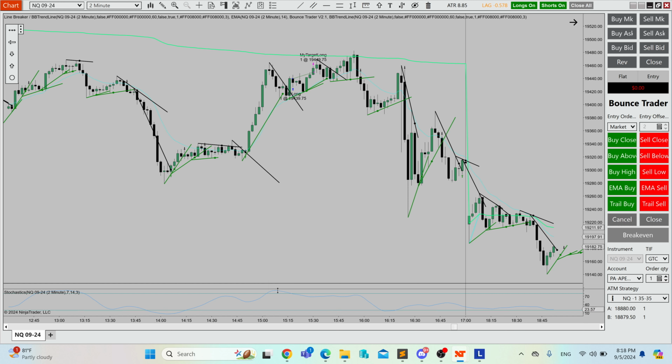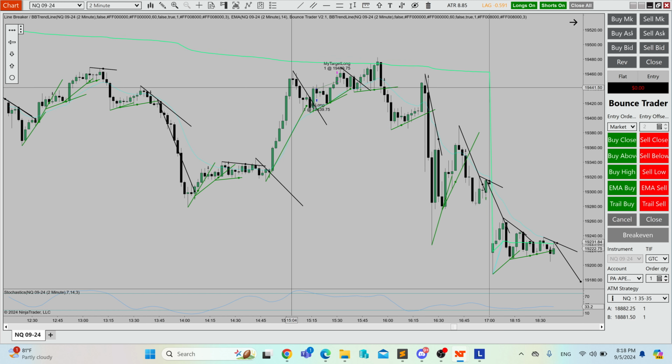If stochastics is above, let's say, 80, there is momentum, and if there is a bull flag right here, like if there is a line, plus stochastic is above 80, we enter a trade. So let me show you what it means.